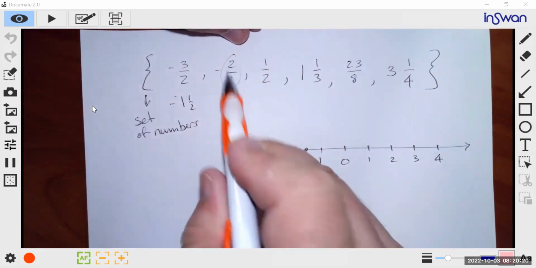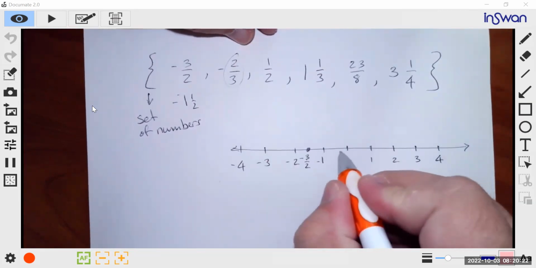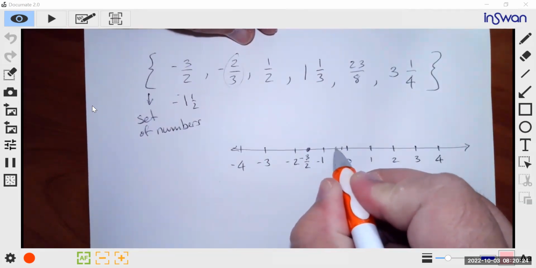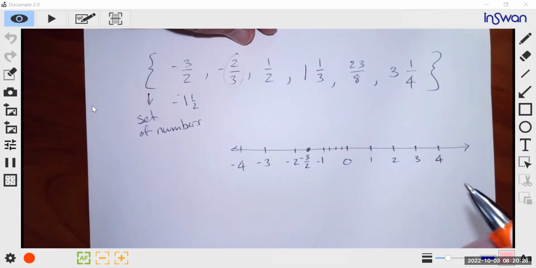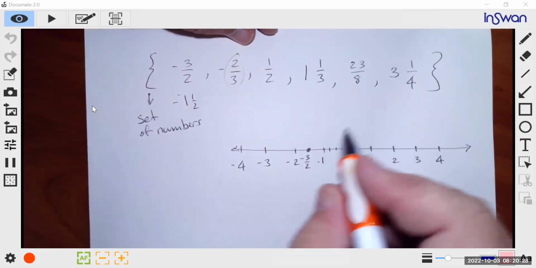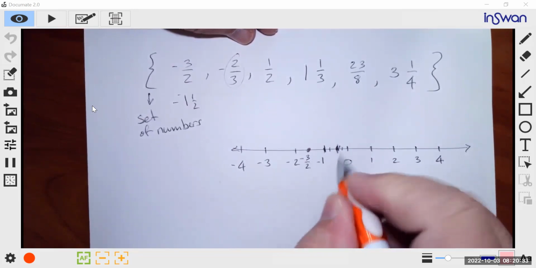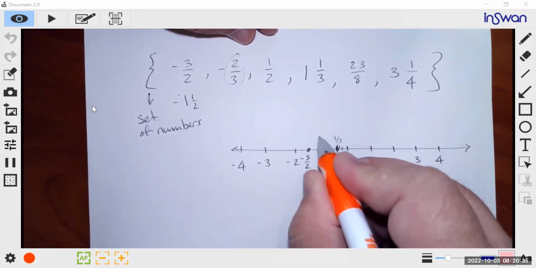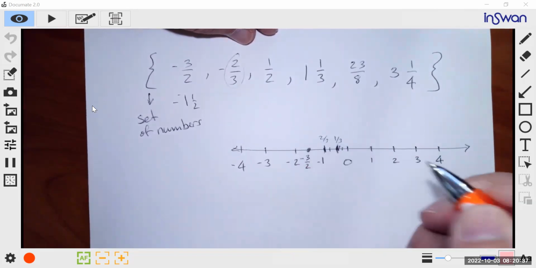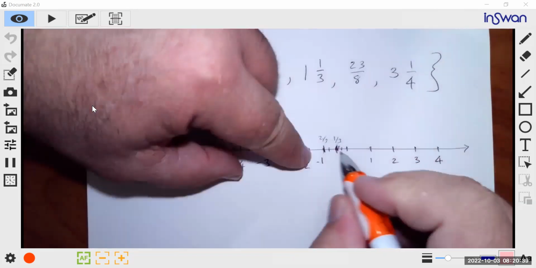Negative 2/3, since it's less than 1, that means we break up this first one into thirds. 1, 2, 3. So this is 1/3, 2/3, and that's 1.